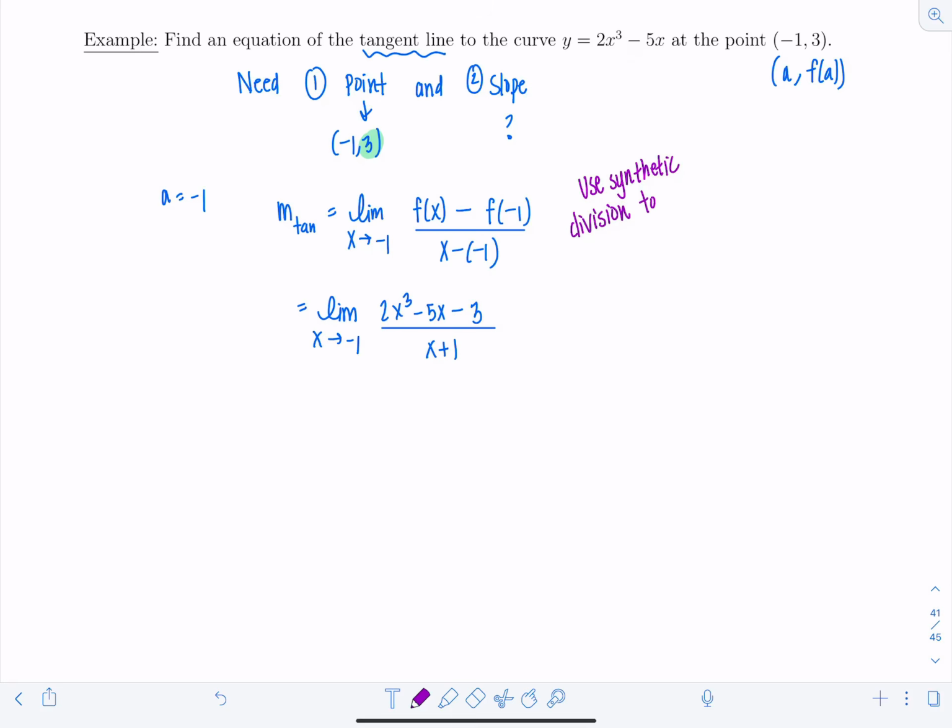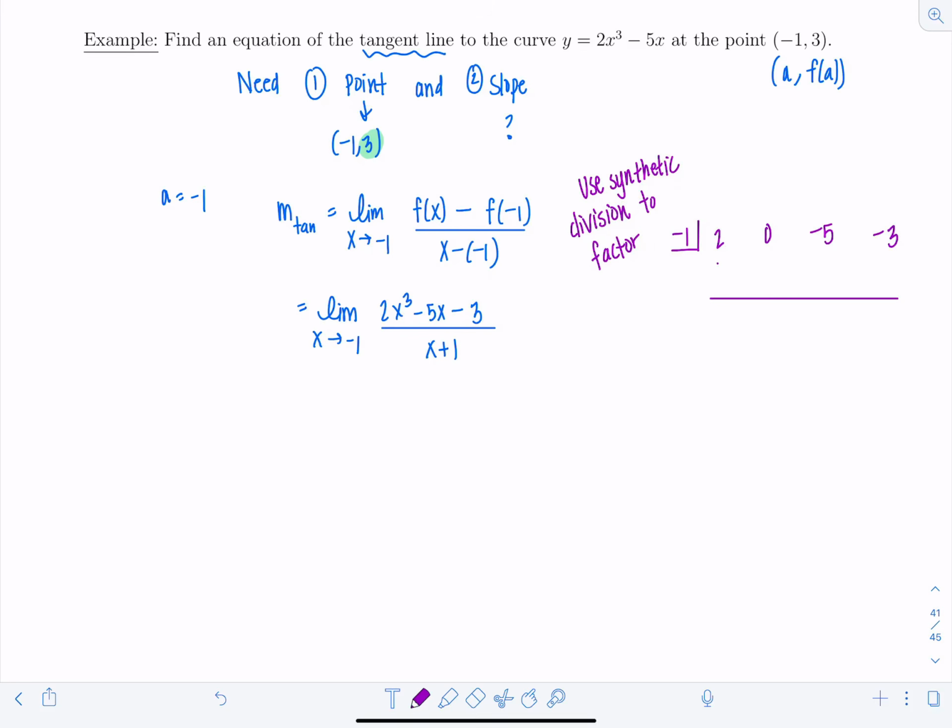There are lots of different ways to set up synthetic division. I'll just show you what I do. We're going to divide by the factor x plus 1. So I'm going to divide using negative 1 here, and then I list the coefficients of the dividend. So 2 for the x cubed term, 0 for x squared, negative 5 for x, and negative 3. That's the constant.